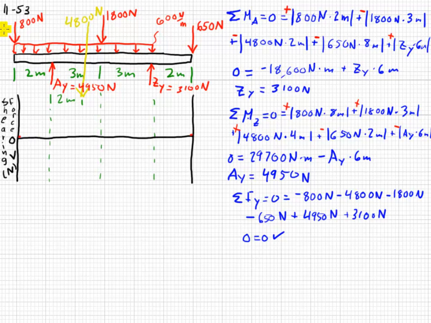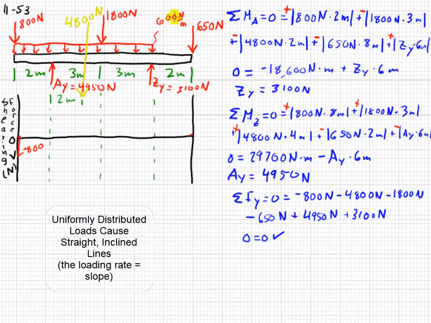So we're going to start off going from left to right, 800 newtons down. And all along the way, I'm going to note my force levels. And notice how this is down, so that means it's negative 800. Now over these next 2 meters, I'm going to be affected by the distributed load, which is 600 newtons per meter. So 600 newtons per meter times 2 meters, I'm going to go down 1,200 more.